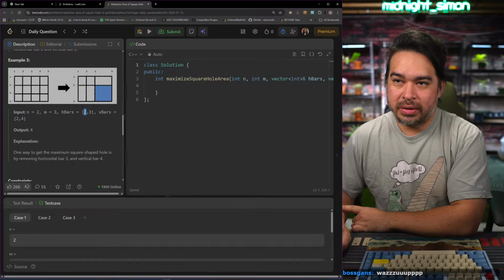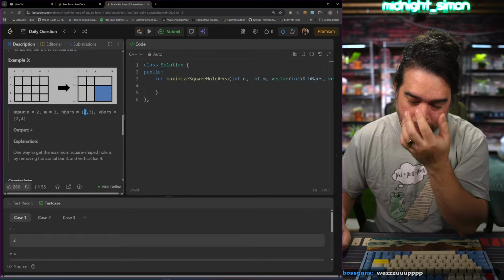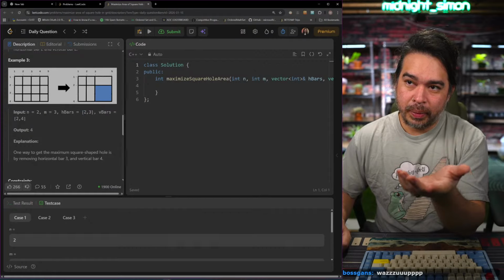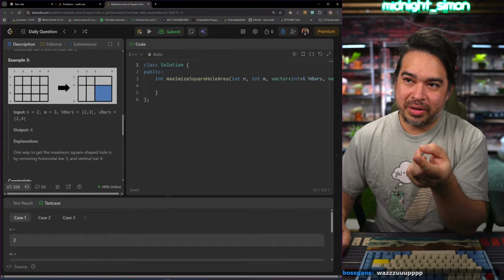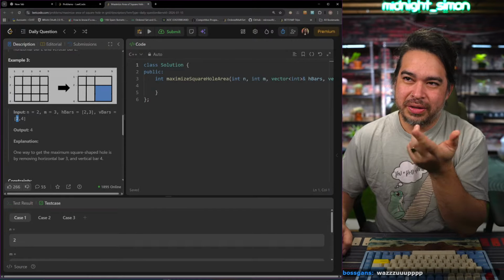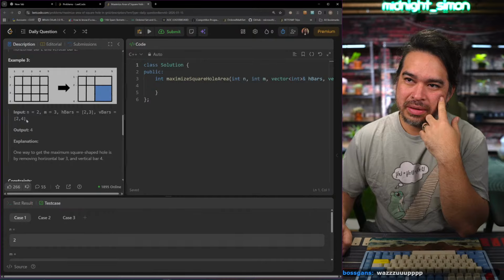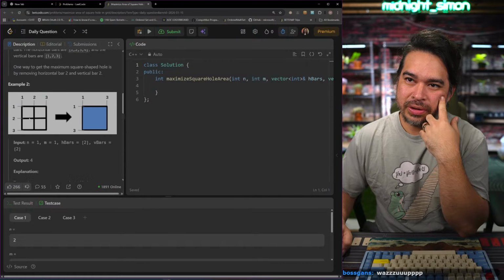So we know that, alright, if we remove the 2, we know that the bar at 1 to 3, that means we can make a side of 2 here, and then I suppose we just like see if the same vertical bar is missing. I don't know yet.